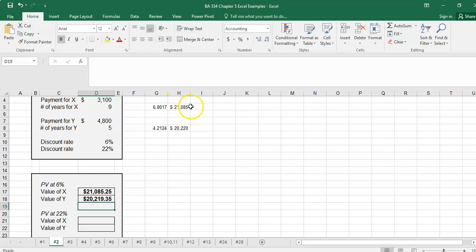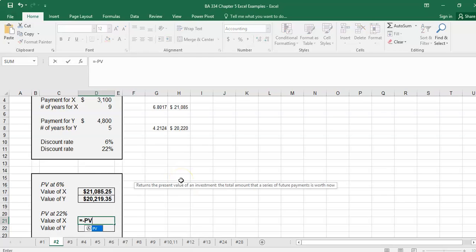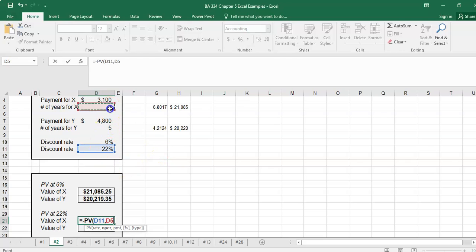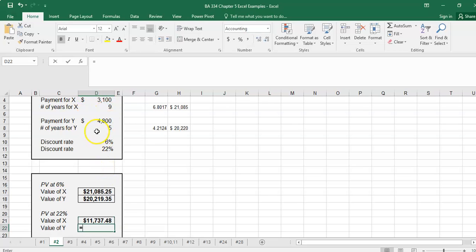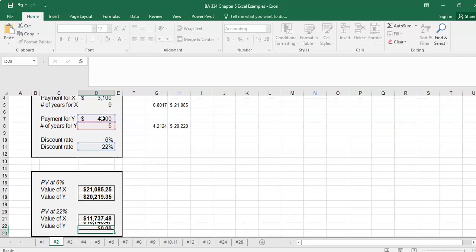Any difference, I mean, 25 cents here, that's just a matter of rounding, or just shy of $1 on this one. And you can see if we extended it out, it would actually only be about 17 cents. So then our value at 22%, we're going to have the present value, the rate, time periods, and the payment, and then present value of the rate, time period, and payments.